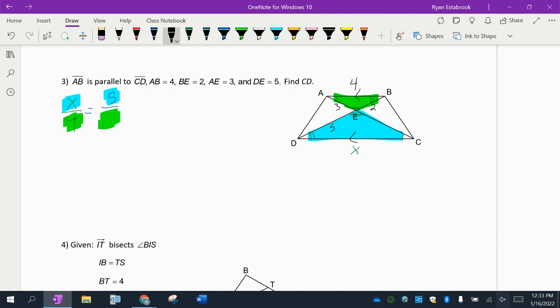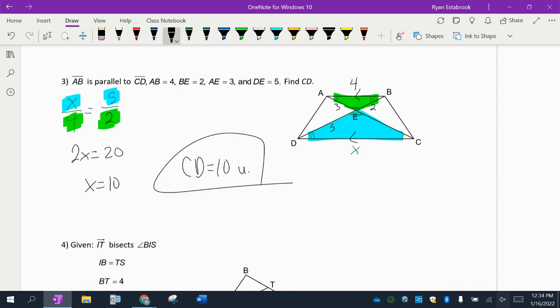Well, I see that the 5 from this blue is opposite the angle with 1 mark. So if I go up here to the green, opposite the 1 mark is the length of 2. So there's my proportion. Again, it's kind of twisted. This 5 is going to the 2. From here, we're going to cross multiply, divide by 2, x equals 10. The length of CD is 10 units long.